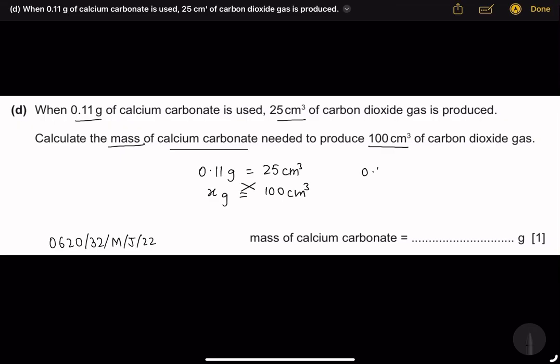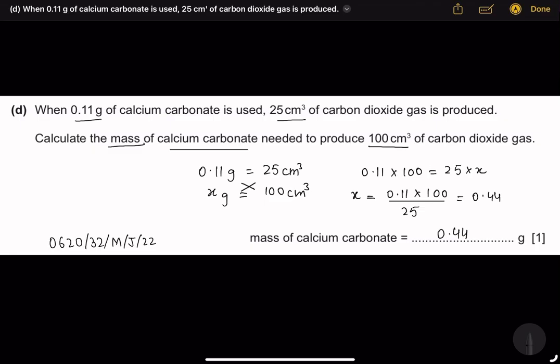So we'll get 0.11 times 100 is equal to 25 times X. So we get X as equal to 0.11 times 100 divided by 25, which is going to be equal to 0.44. So 0.44 gram of calcium carbonate is needed to produce 100 cm cube of carbon dioxide gas.